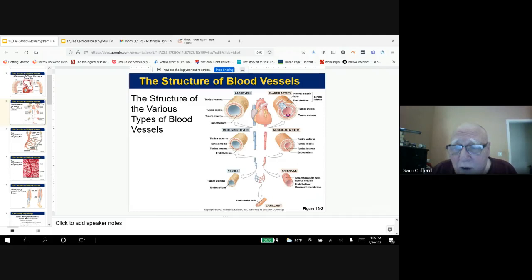An elastic artery is very important, and it's the first artery that leaves the heart, because when the heart pumps into the aorta, for instance, the elastic connective tissue causes the artery to expand very quickly, and then it recoils back.